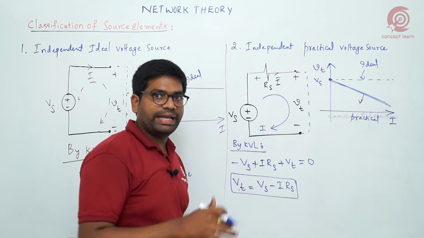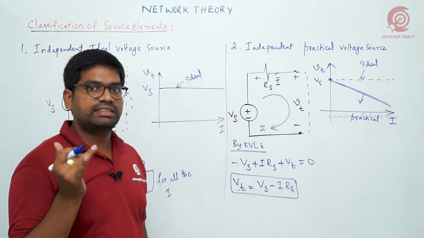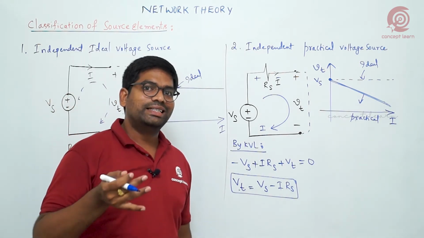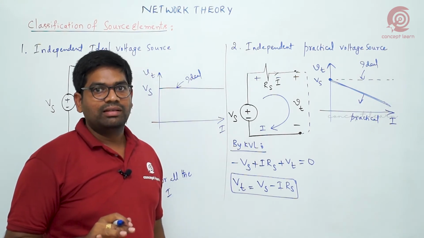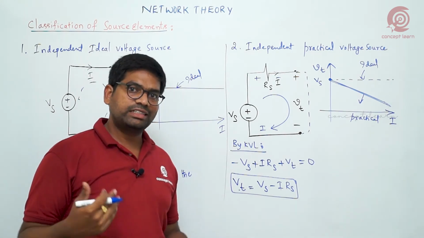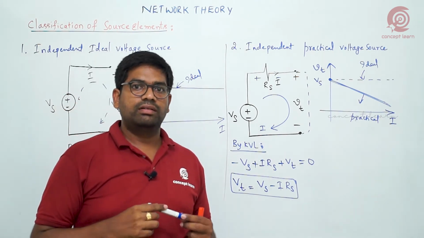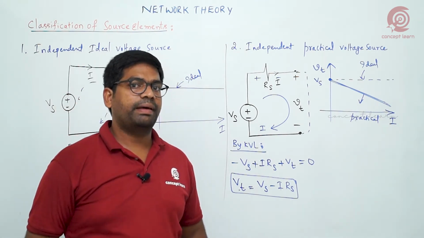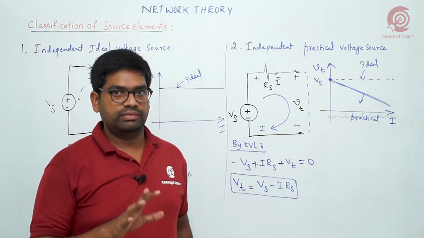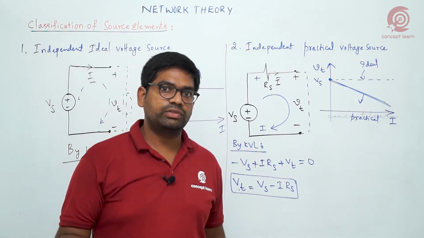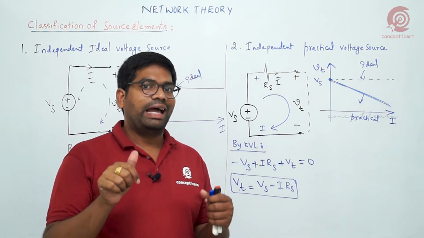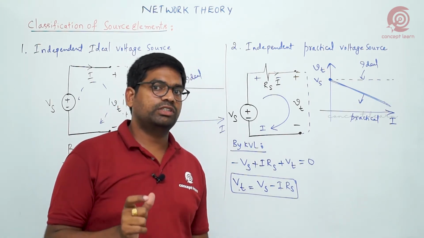Drooping nature means a negative slope. That is the reason why active elements will always have a negative slope. Got the point? Even though active elements, meaning sources, are present in the circuit, we are not naming it as a passive network, and overall we are not naming it as an active network, because only that active nature is associated with that particular element.